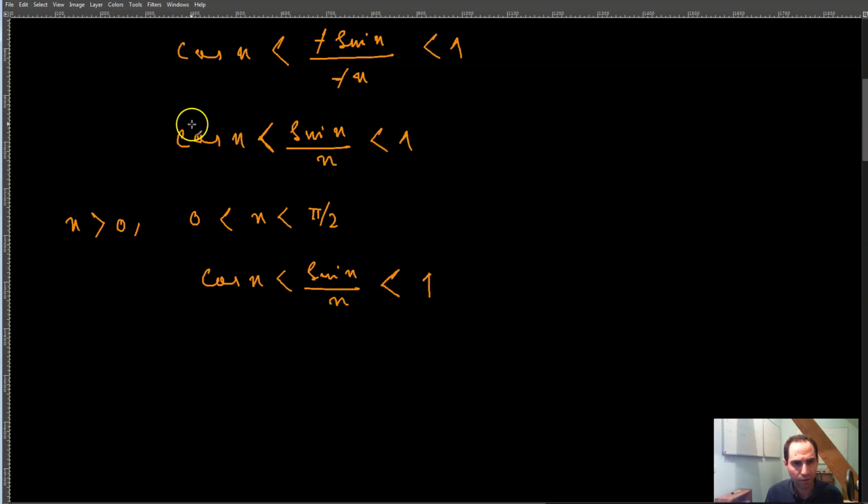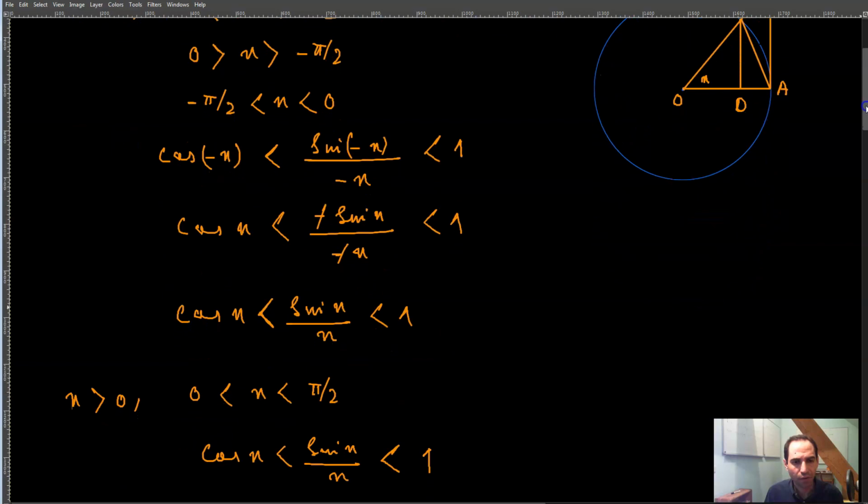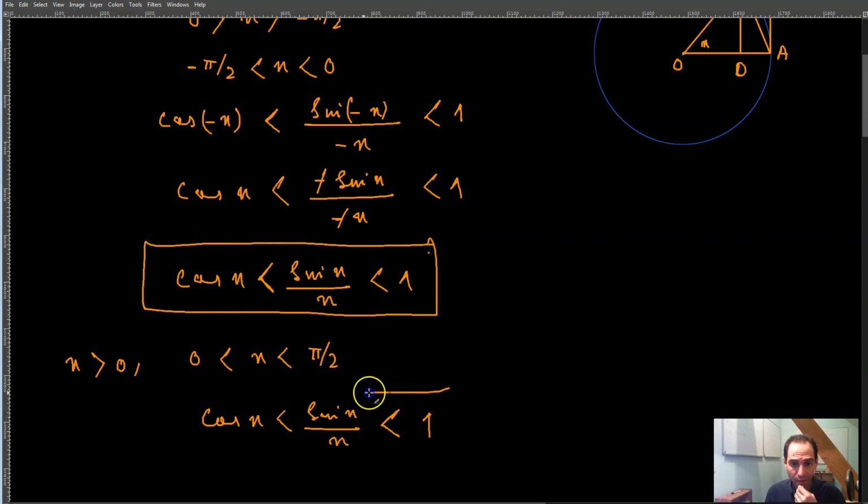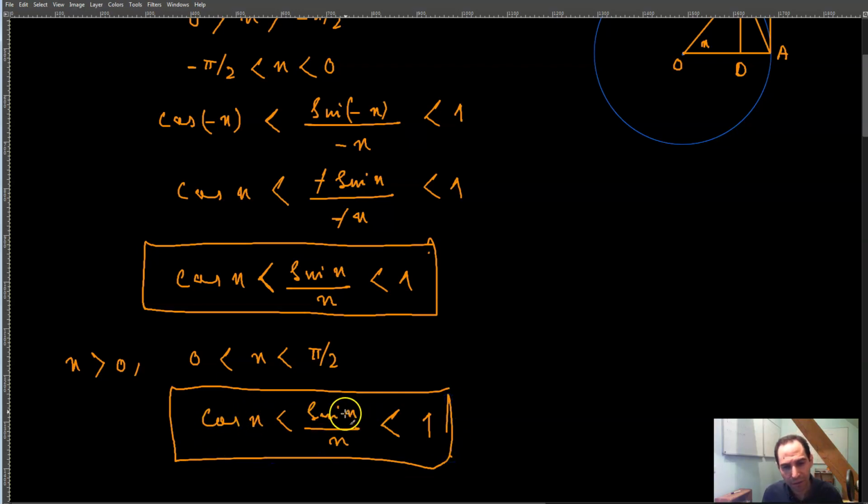So ultimately, whether x is positive or negative, you will come across the same relationship between cos x, sin x by x, and 1. Therefore it's not necessary to prove this for both negative and positive x's. Just one of them would be enough.